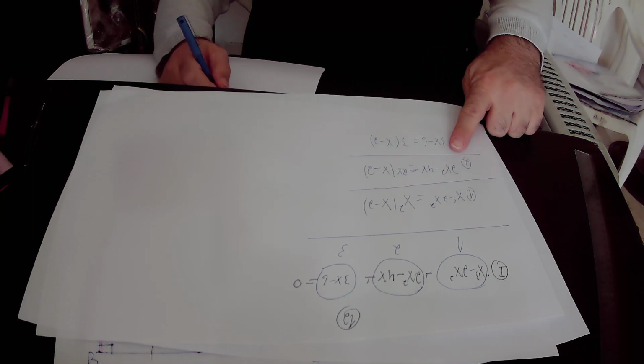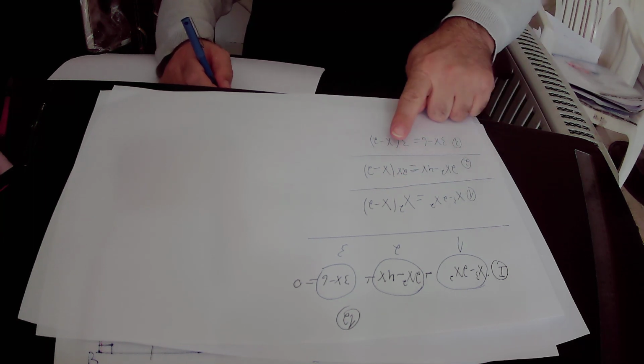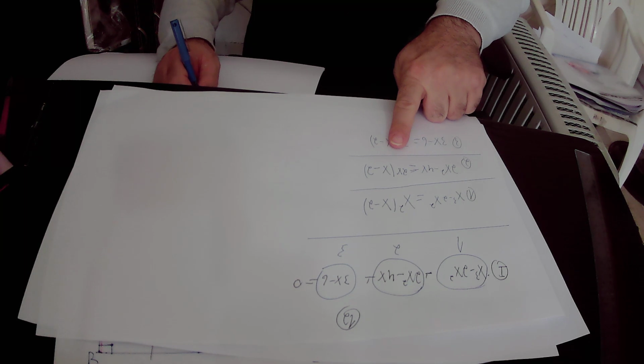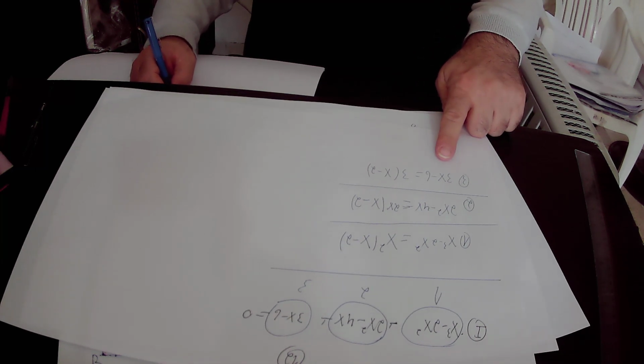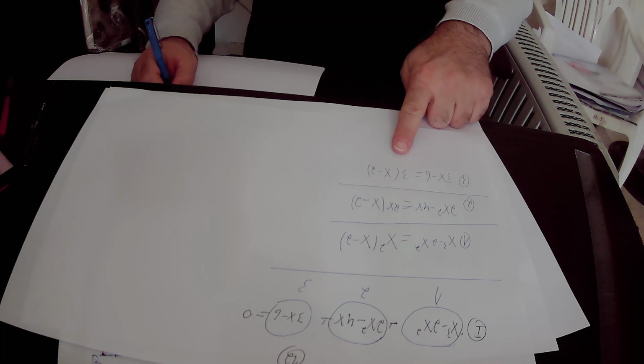And instead of 2x squared minus 4x, we will write down 2x times x minus 2. And instead of 3x minus 6, we will write down 3 times x minus 2 that equals to it. And we know that all equals 0.